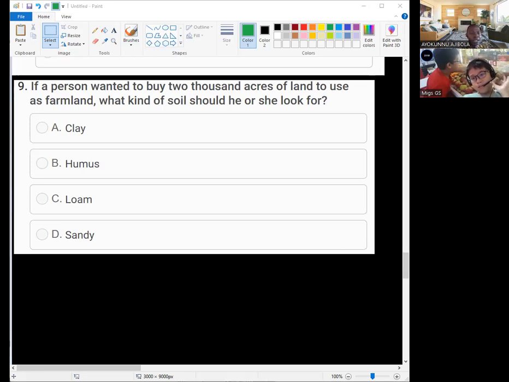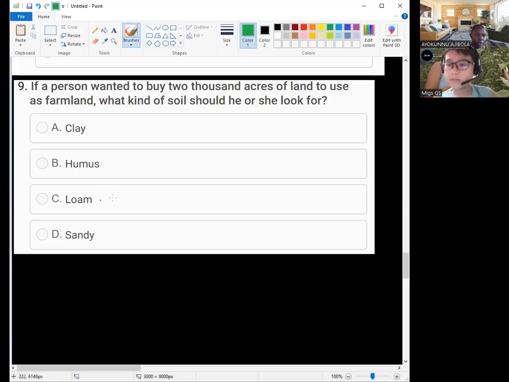When you want to use a land for planting, which kind of soil should you look for before buying that land? Humus is correct, or you can choose loam. Loam is considered the best type of soil for farmland. It has a balanced combination of sand, silt, and clay. So we can go for the two options, this and this.